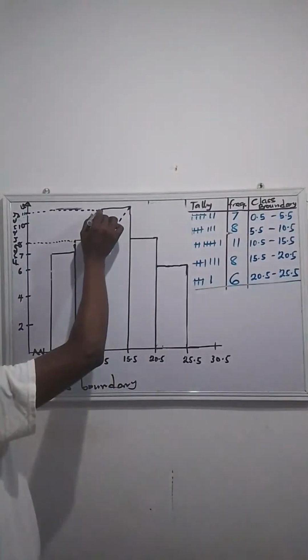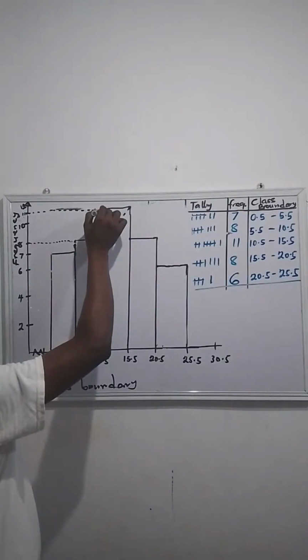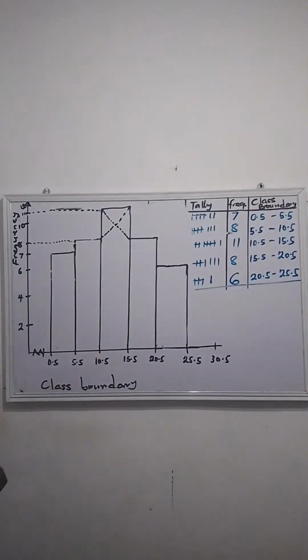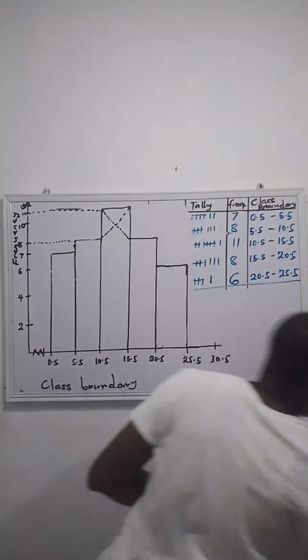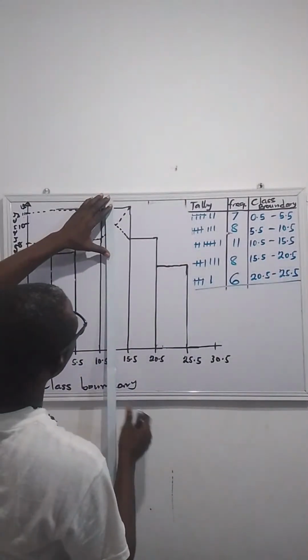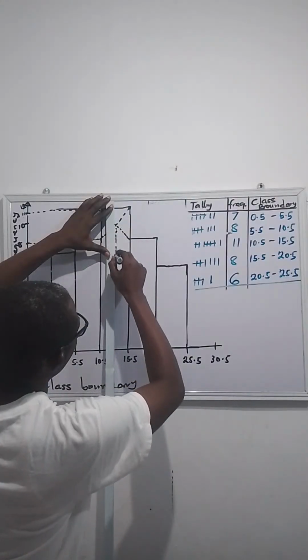The same thing you do for this one, from this corner down to what we have here. Now that point of intersection, you trace it down with your ruler so that you have a perfect answer. So you trace it down here.